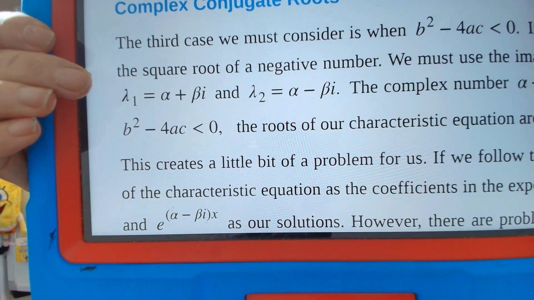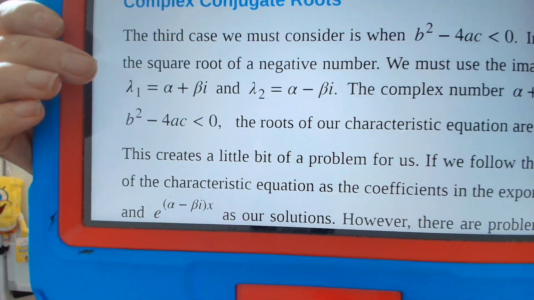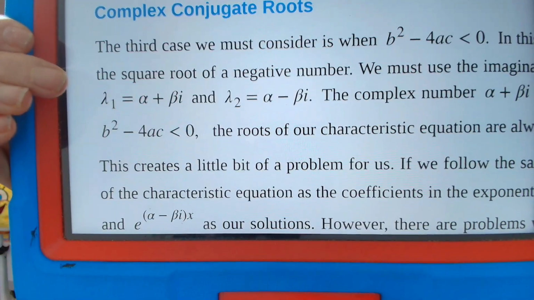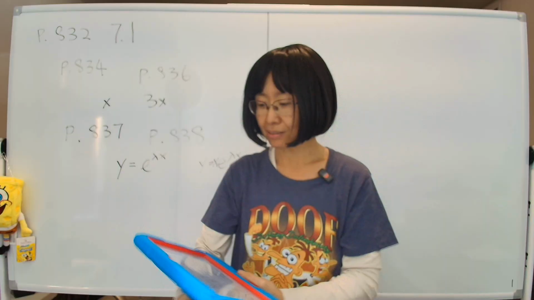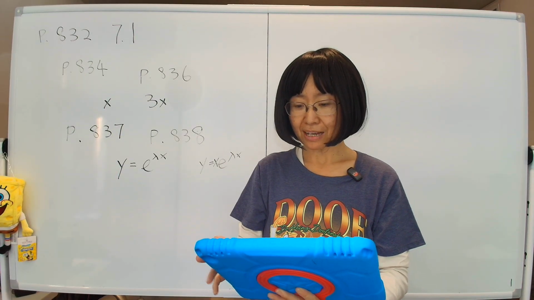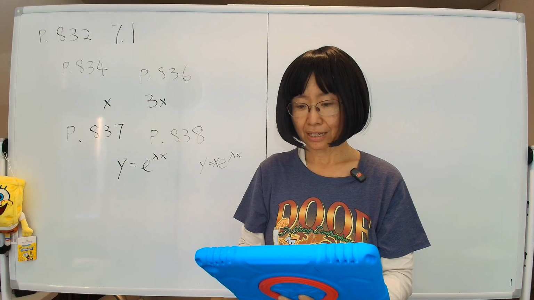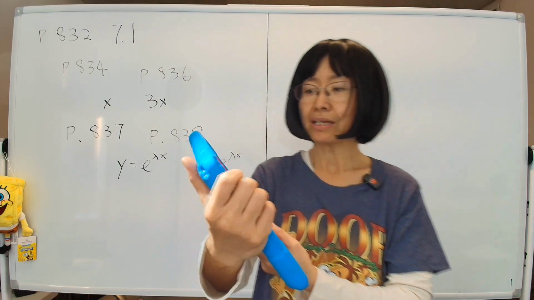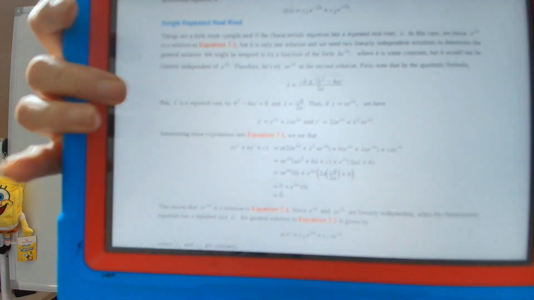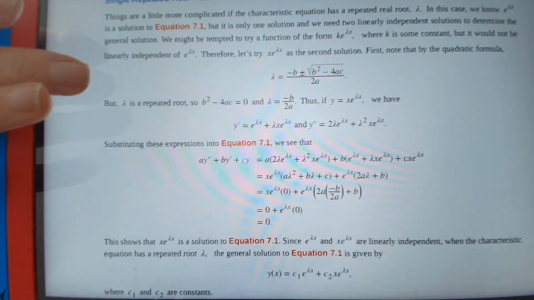We'll call them lambda 1 equals alpha plus beta i, and lambda 2 equals alpha minus beta i. Now remember how the beta i comes from the square root, because lambda equals this, the quadratic formula right here, right?